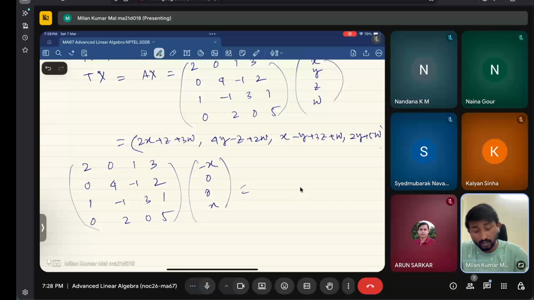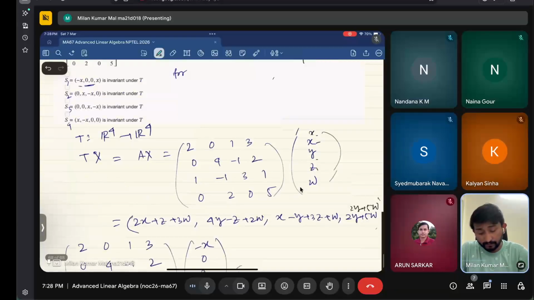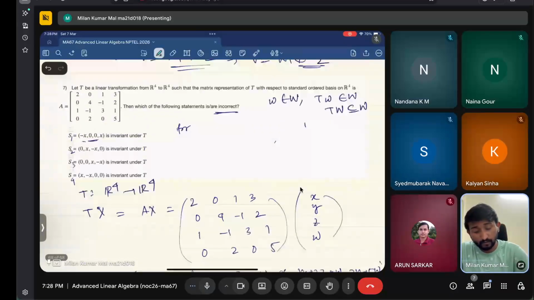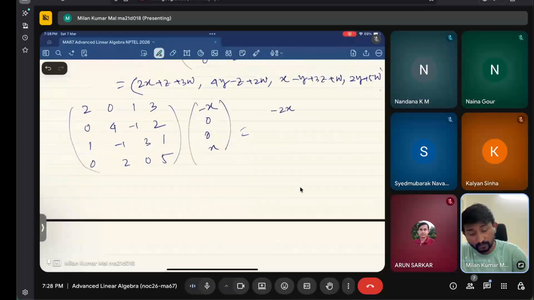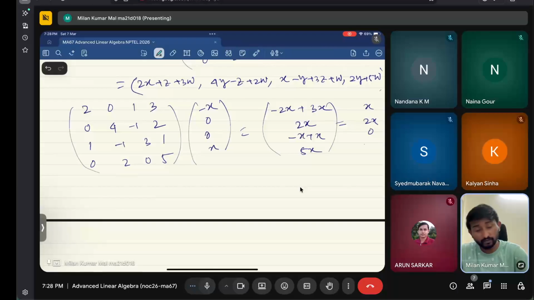So what will it be? It will be minus 2x plus 3x, that is x, and next one is 2x, and next one is minus x plus x, that is 0, and next one is 5x, right? So this will be x, 2x, 0, 5x.